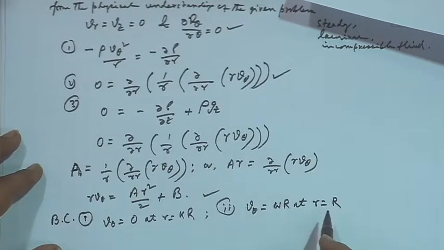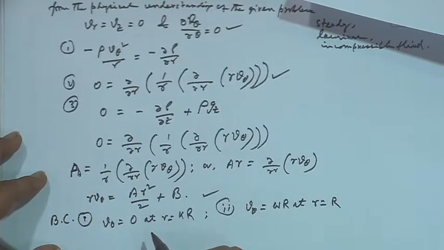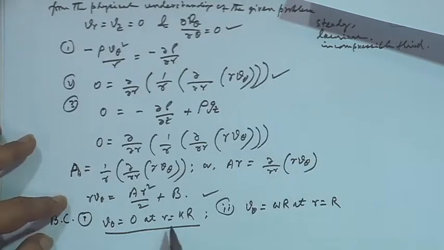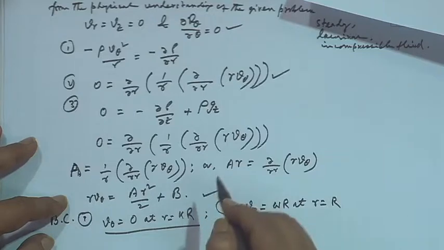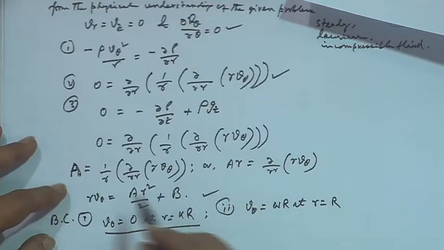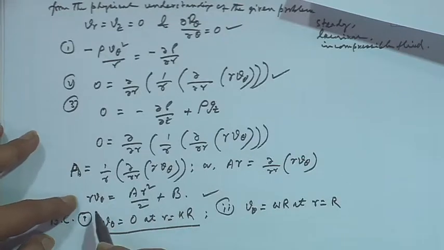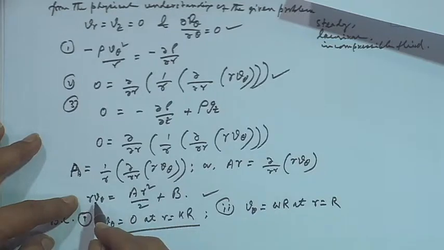So, by applying the first boundary, V theta is equal to 0 at r is equal to kR, we have these two constants, a and b. Now, if we put the first boundary here, that r is equal to kR, V theta is equal to 0, that means this is 0.